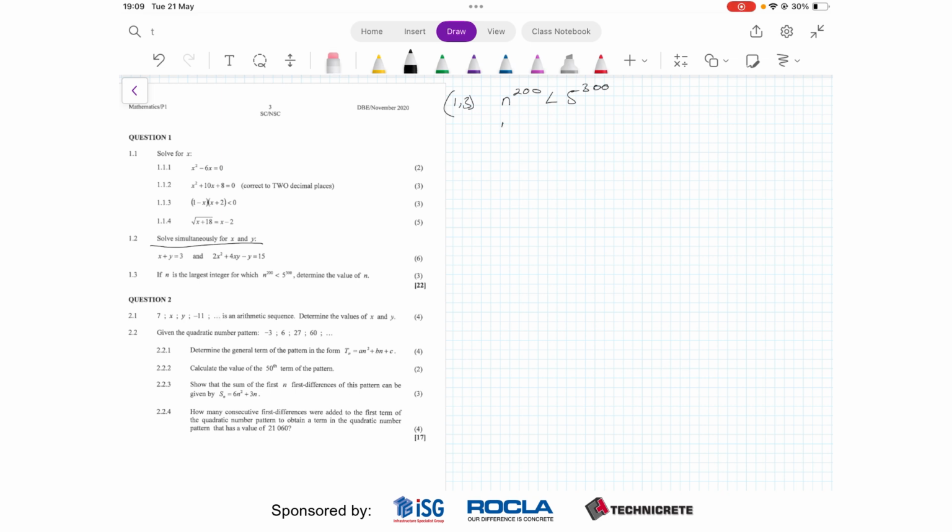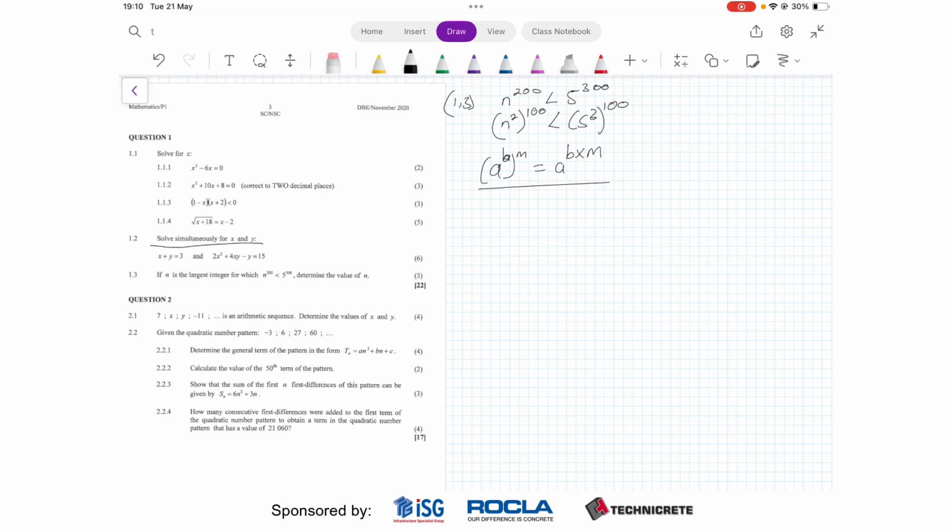We will write n to the power 2, all to the power 100, is less than 5 to the power 3, all to the power 100, because remember the laws of exponents that tell you that (a to the power b) all to the power m is equal to a to the power b times m.